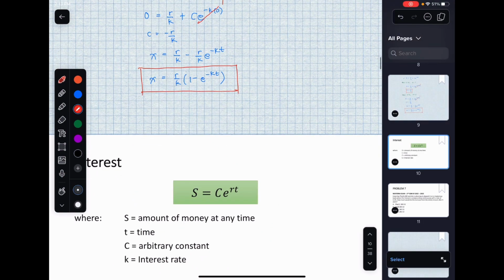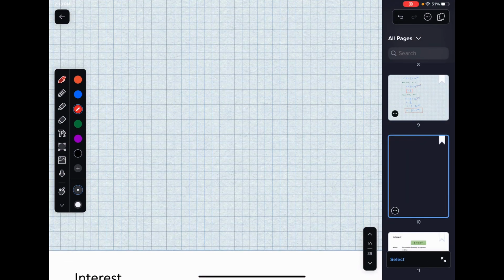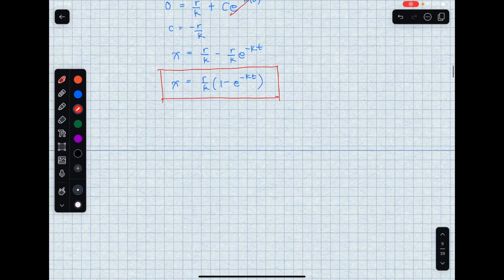So let me add another page, since space is not enough. That means when x is 1/2 of r over k, what would be the time?